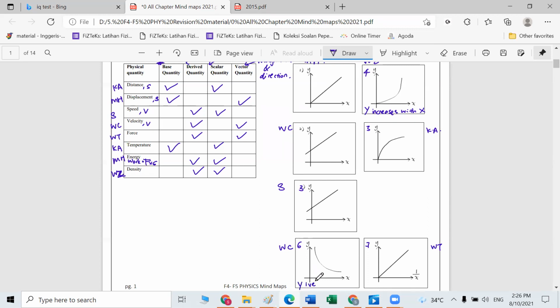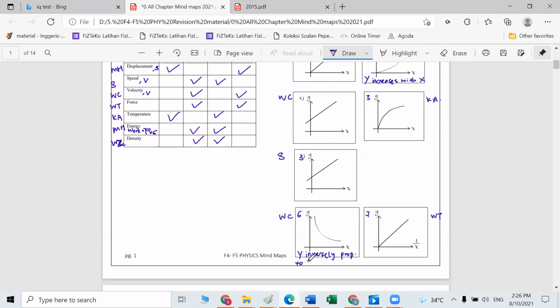Y inversely proportional to x. Oh, you write the full sentence. Proportional to x means the y increases linearly to x.